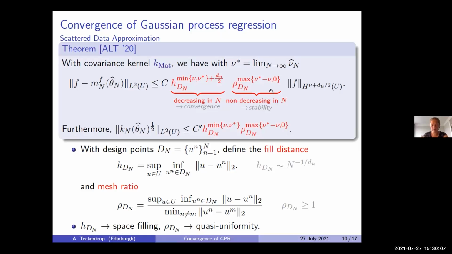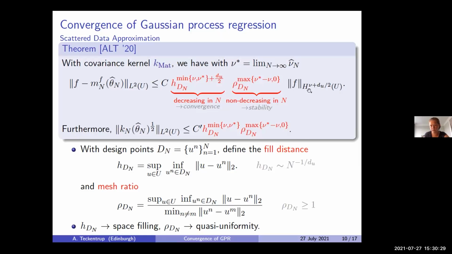Right. So what do we have on the right-hand side? On the right-hand side, we have this norm of f. This result assumes that f is in this space, which is a Sobolev space. If you're not familiar with Sobolev spaces, this essentially means that we're assuming that my function f has this many derivatives.